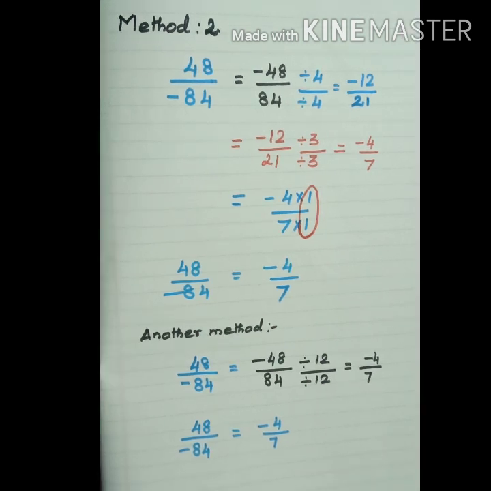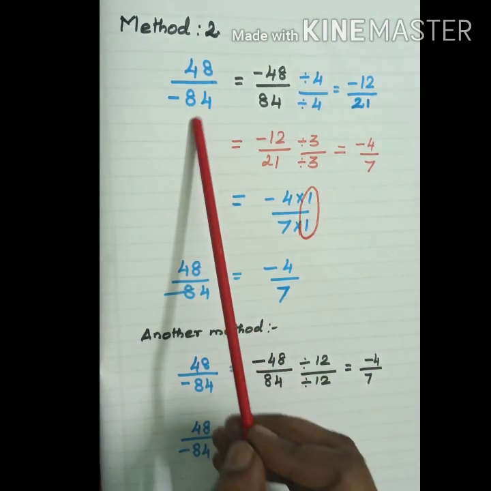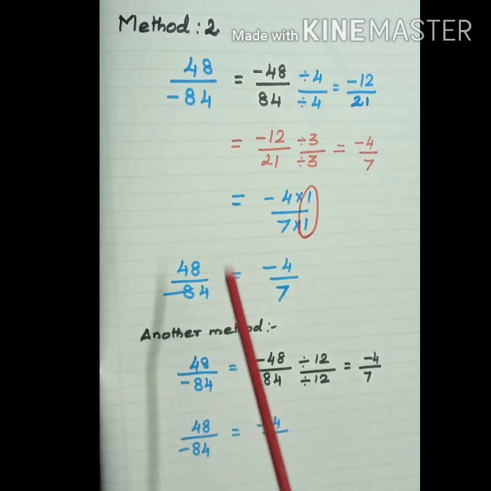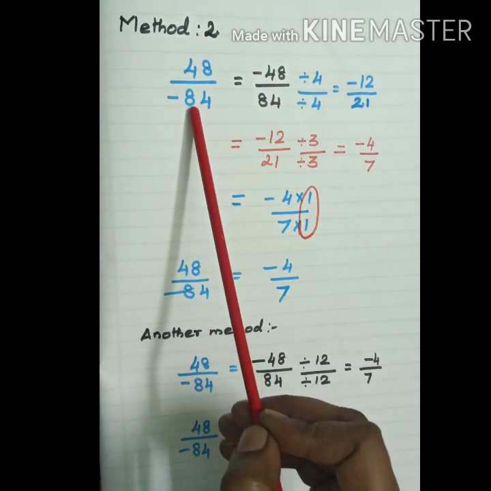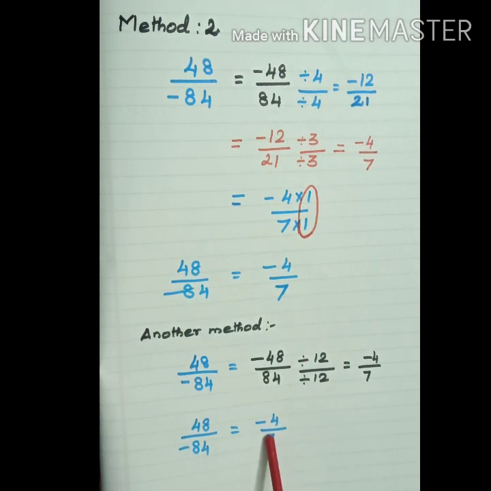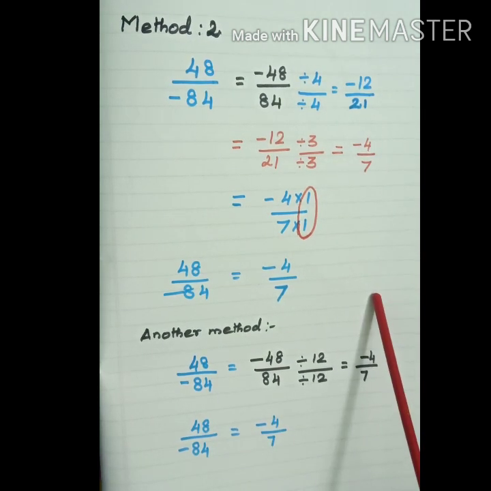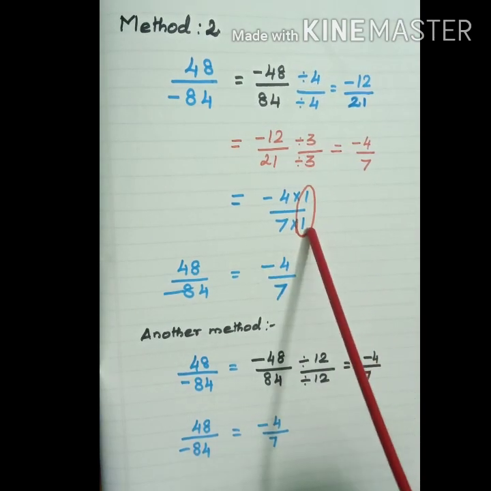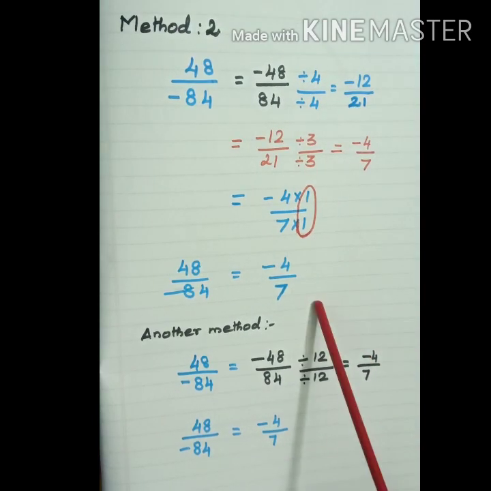Students, listen here. The standard form of 48 by minus 84 is equal to minus 4 by 7. In the first method, we reached the answer by doing 1, 2, 3 steps.